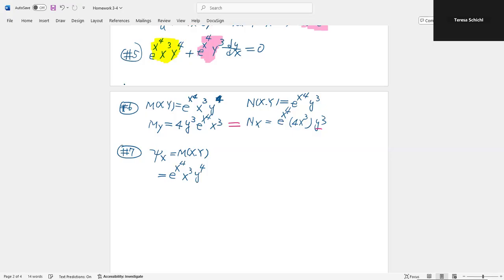And then I'm going to assign my phi y function equal to Nxy, which is e to the x fourth y cubed. Everybody still remembers the methodology. So now this one I'm going to integrate with respect to x, right?